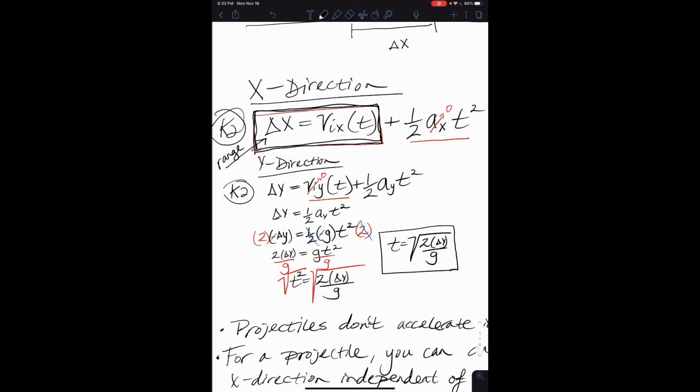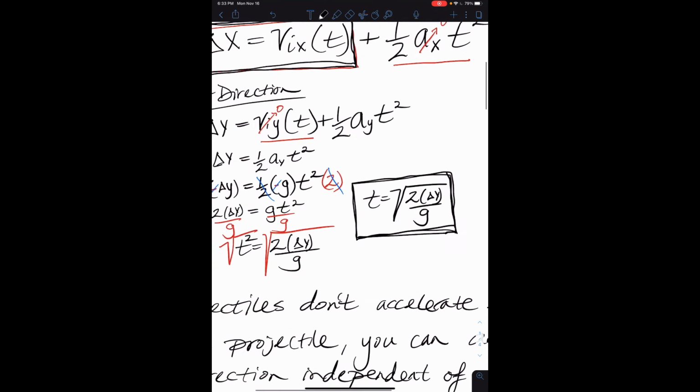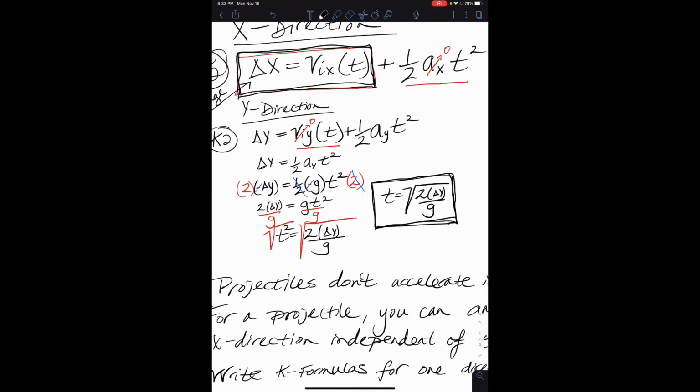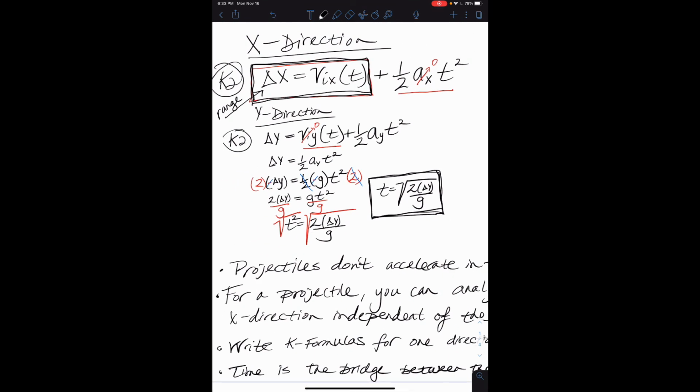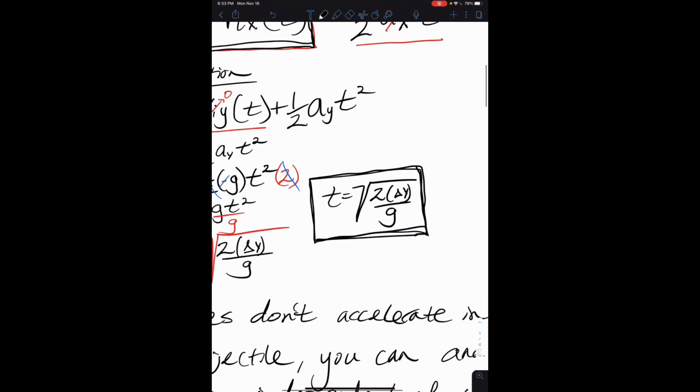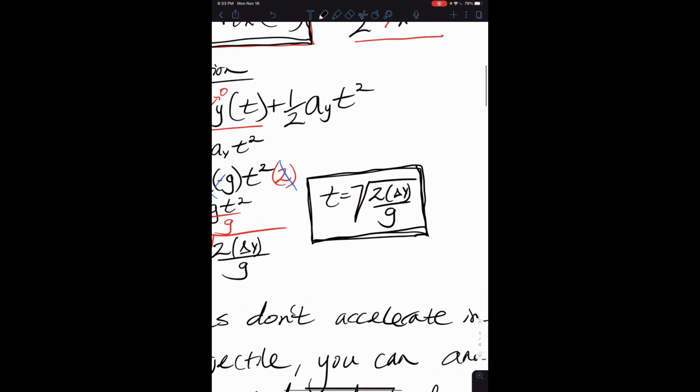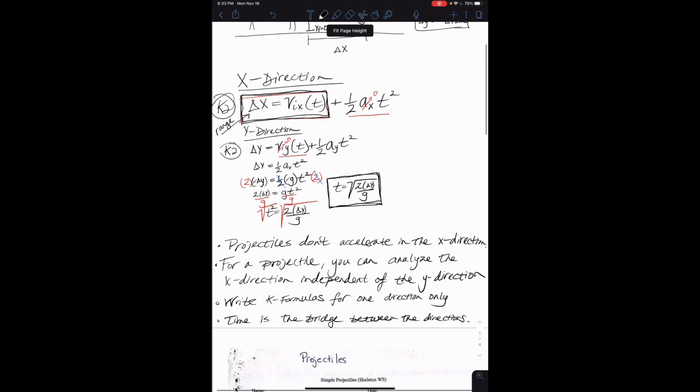And then we can also calculate how long a marble is in the air with this formula for time. And notice that time is based on the y direction. That's another theme in this class, that the time a projectile is in the air is determined by the y direction. So I'm going to write that down.